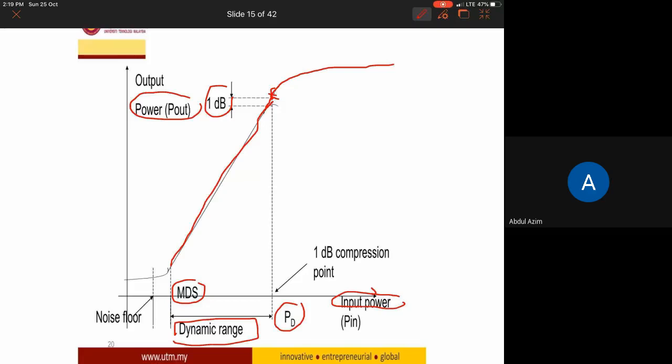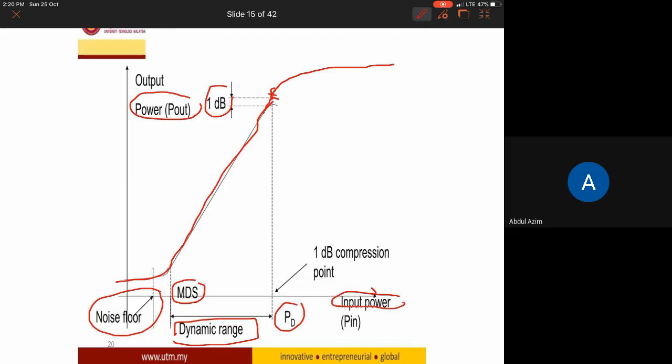For MDS, minimum detectable signal, at the lower part here is the noise floor. This noise floor will disturb the operation of the signal, so it is considered not useful. And here at MDS is the minimum detectable signal.